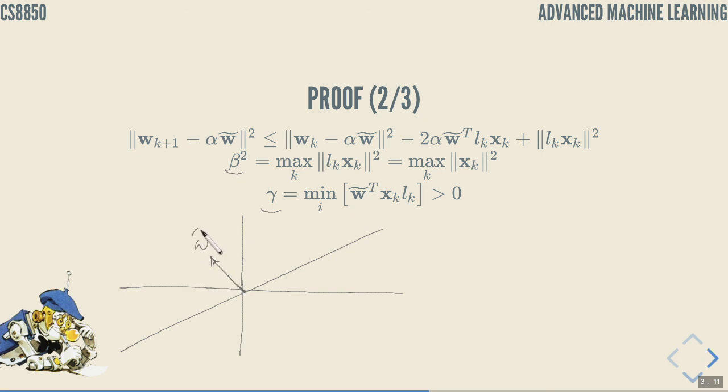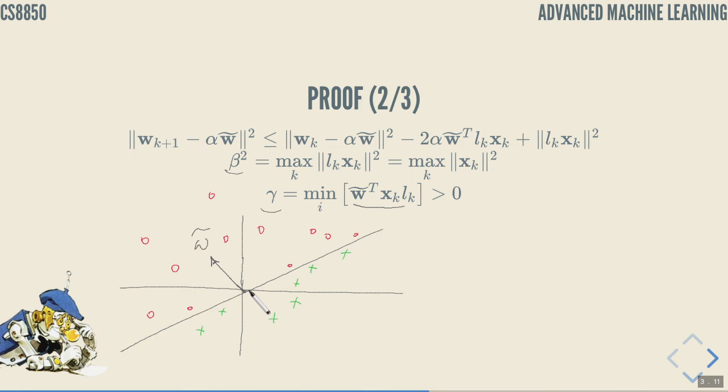So we have a hyperplane that is a solution of two classes. What this is doing, well, we removed the sign, so I'm drawing it slightly differently.